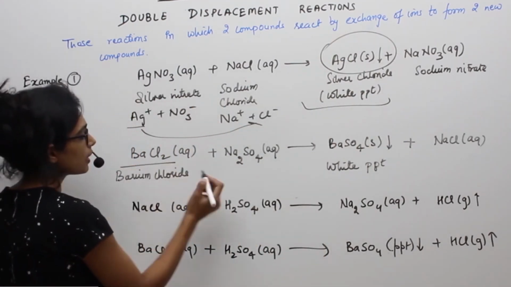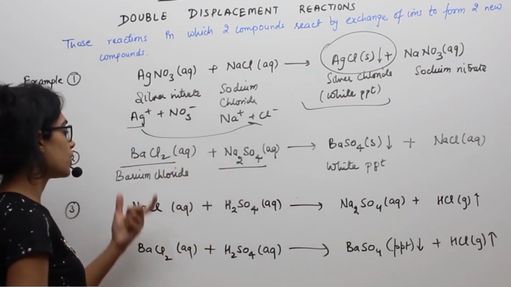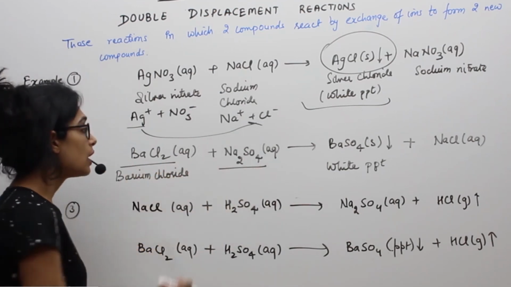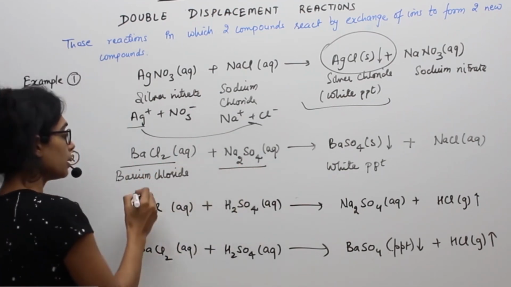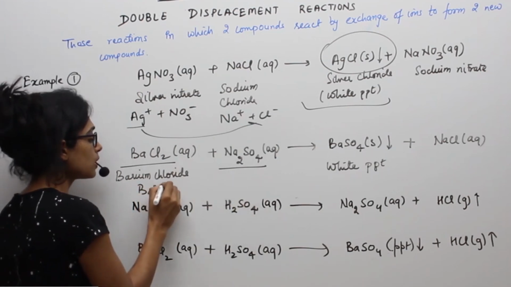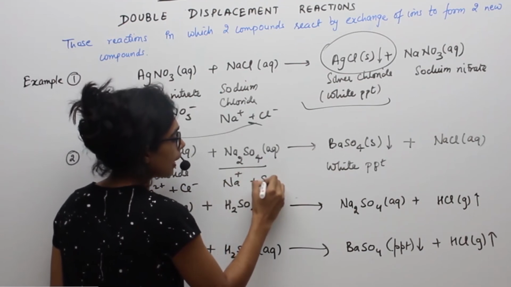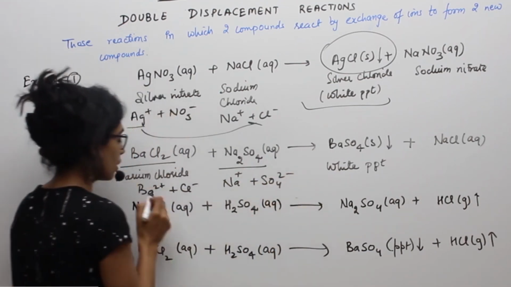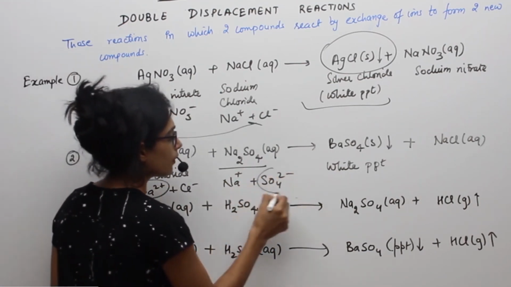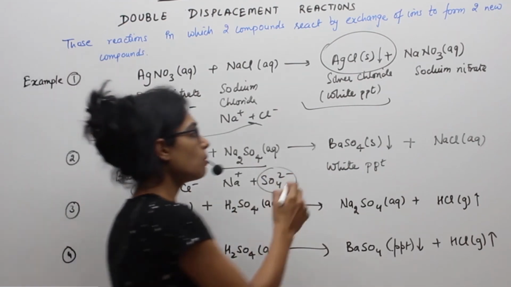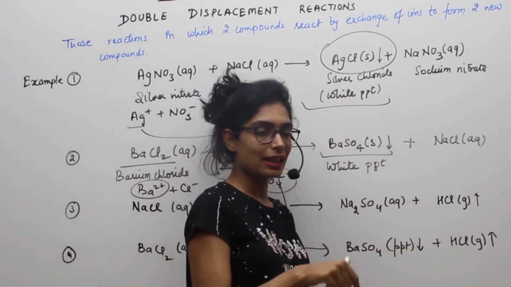Similarly, look at the BaCl2 and Na2SO4 reaction. So you have taken barium chloride and sodium sulfate. When we react them together, barium chloride will break down as Ba2 plus and Cl minus, Na as Na plus, and this as SO4 minus. Now when barium and sulfate ion combine together, they form a white color precipitate and settle down.